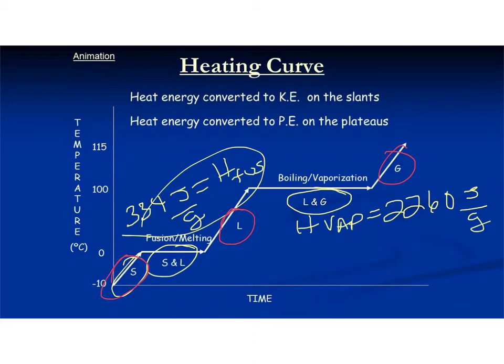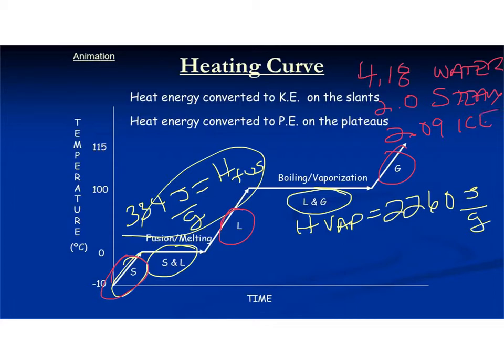And for water, remember for the liquid water, it was 4.184, right? 4.18 for water. And for steam, it's 2.0. These are all joules per gram. And for solid or ice, it's 2.09, right?